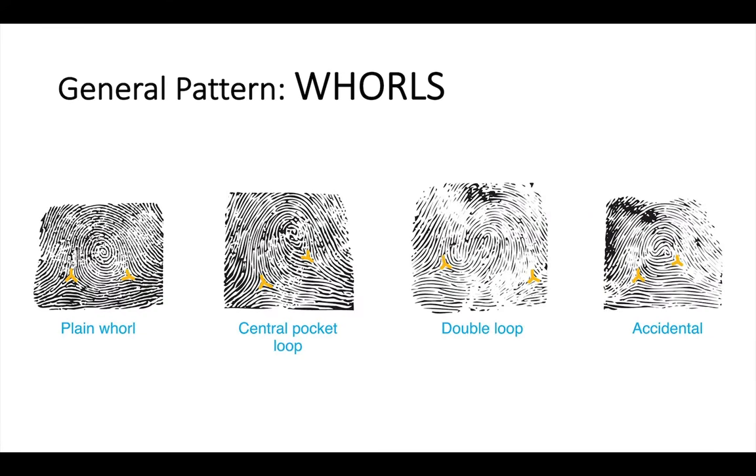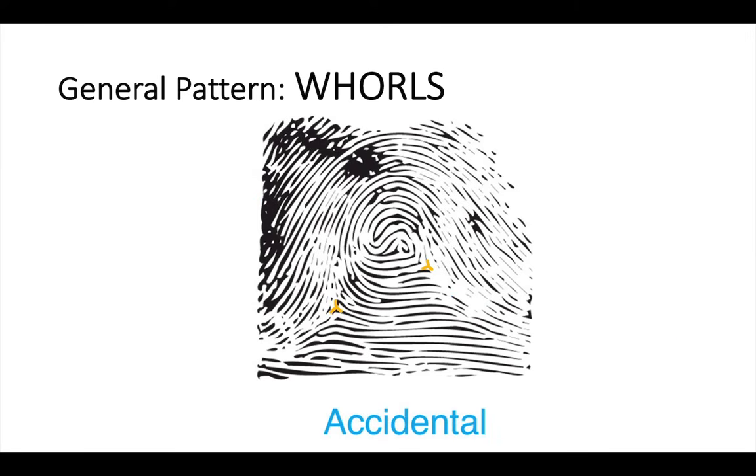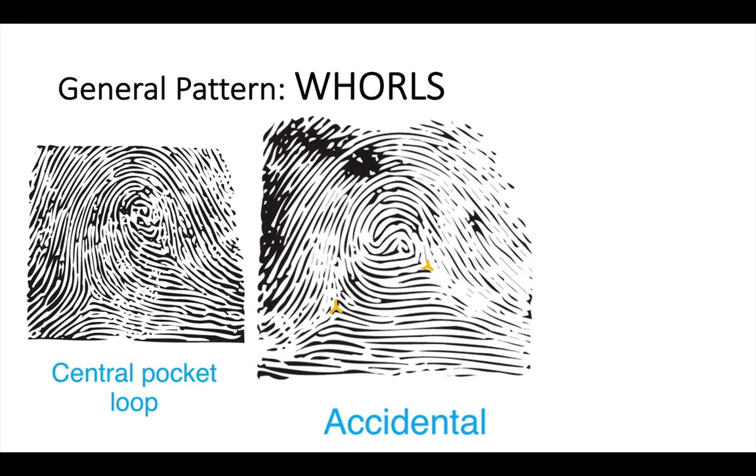And finally, the rule for accidental is, either if you find two or more different types of patterns inside, or if it just doesn't follow any of the other rules, it's automatically called an accidental. So here we have two deltas, so that makes it a whorl, but it's not a plain whorl. It's not a central pocket loop whorl. Why?